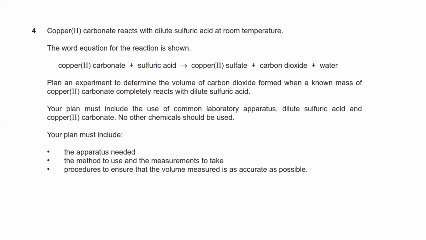Your plan must include the use of common lab apparatus, dilute sulfuric acid, and copper carbonate. No other chemicals should be used. Your plan should include apparatus needed, method to use, measurements to take, and procedures to ensure the volume is measured as accurately as possible.